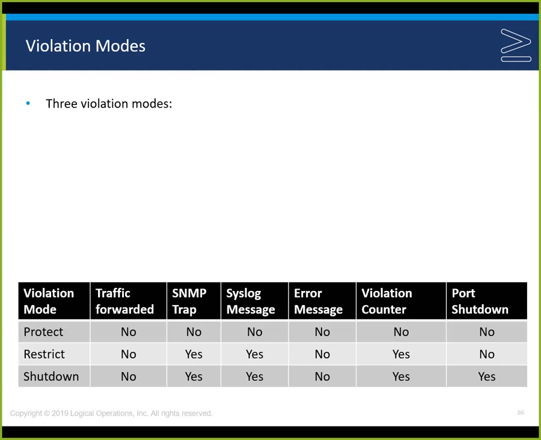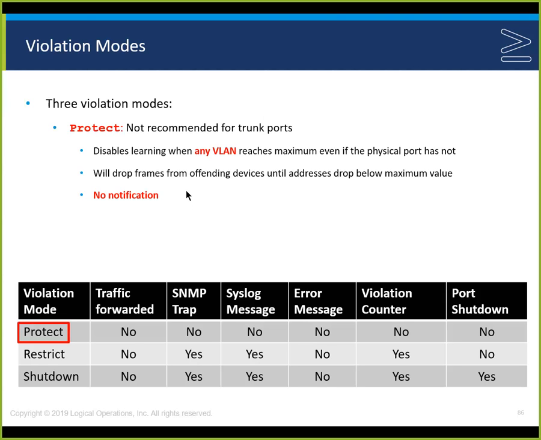Port shutdown. In the shutdown mode, it's not technically shut down because we still have some information sent back and forth. It's error-disable mode, which technically is not shut down. We're still not going to be sending any data traffic from one to the other.